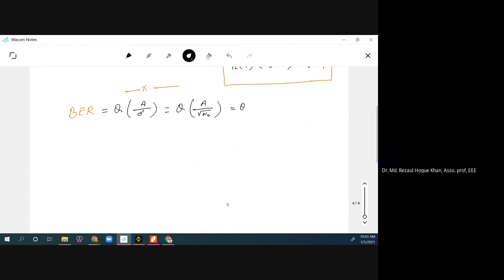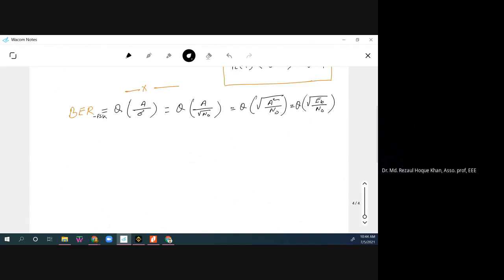So we can write Q of the square root of A squared by N0. We can replace A squared with Eb, so it is Q of the square root of Eb by N0. So this is the bit error rate for FSK.